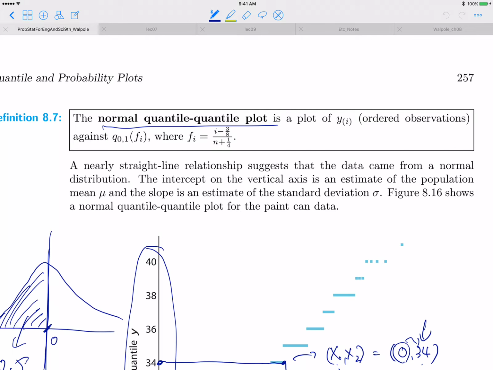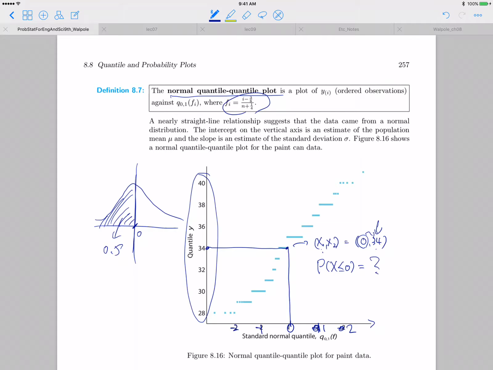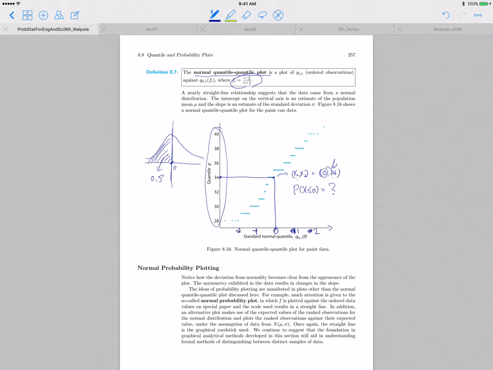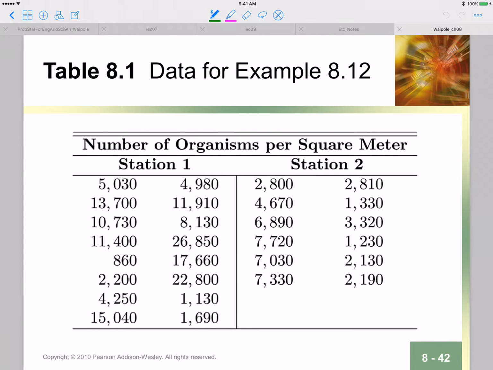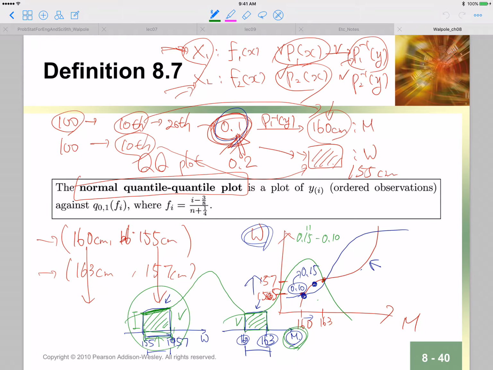Okay, before finishing this part, let me just add one more thing. In practice, when drawing this quantile plot, we cannot consider all the different probability values. In this case, we thought about the probability of 0.1, and then we considered 0.2 and 0.3 and so on.